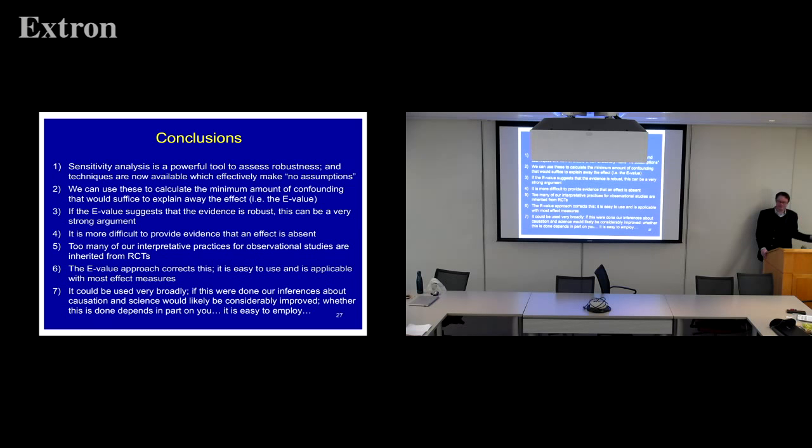I think those practices are absolutely crazy for observational data, and I think the e-value was one way to try to correct this: report the e-value along with the p-value. I'm not suggesting we throw the p-value out, I'm just suggesting that we supplement it with another very straightforward metric to assess robustness. So I do think this approach could potentially be used very broadly.